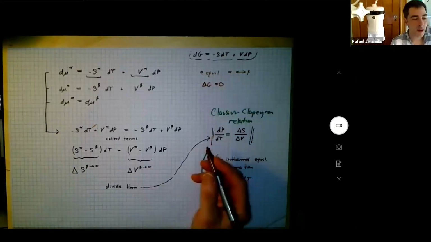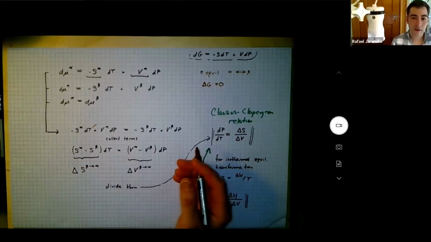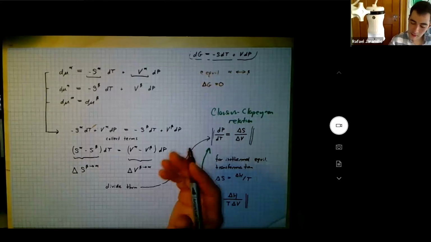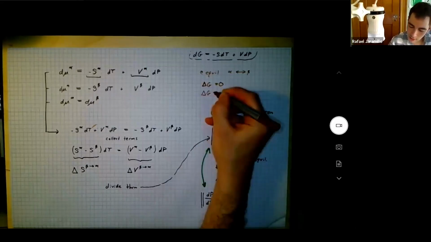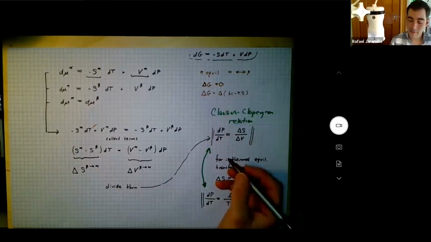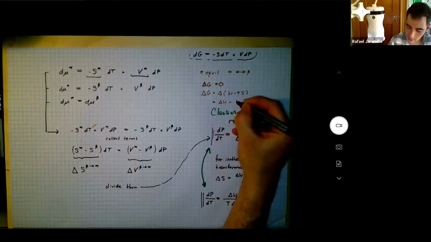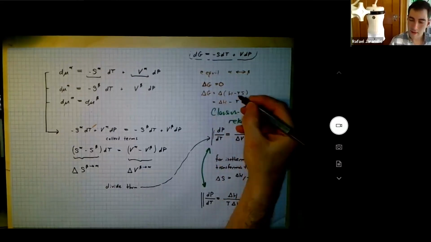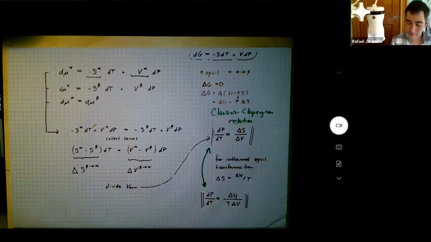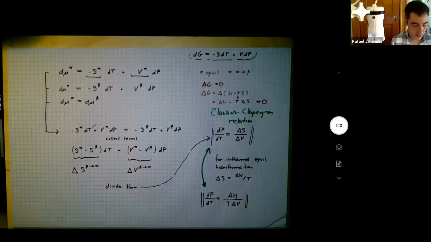That again was our requirement for equilibrium at constant temperature and pressure: the Gibbs free energy of the two phases is equal, or in other words, the chemical potentials are equal. So delta G equals delta H minus TS, just from the definition. If it's isothermal, this is delta H minus T delta S, because T is a fixed number, so this has to equal 0 if phases alpha and beta are in equilibrium.